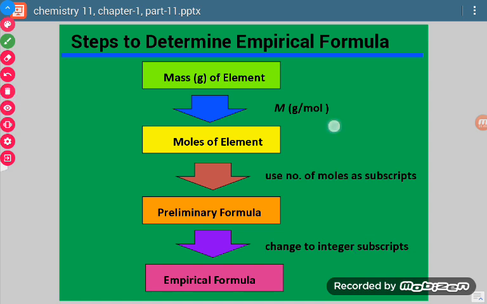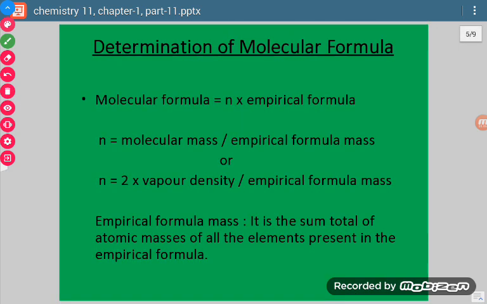Now once we know the empirical formula, then we have to calculate the value of n in case we want to find out the molecular formula. Now there are two ways to find out n. N can be determined by dividing the given molecular mass by the empirical formula mass, or if vapor density is given, then the formula becomes 2 into vapor density divided by empirical formula mass.